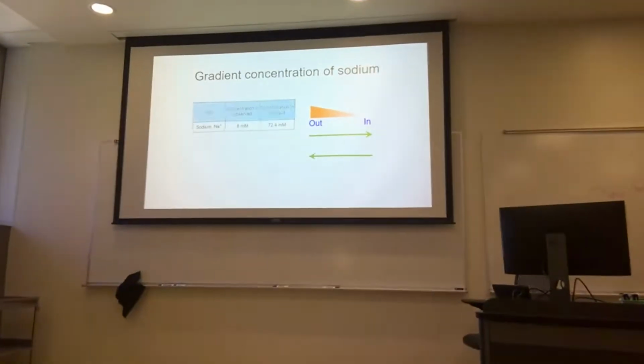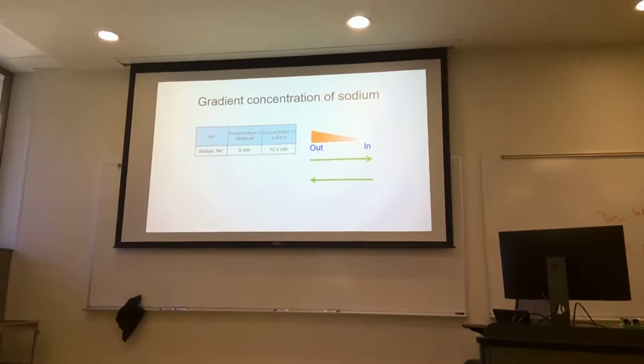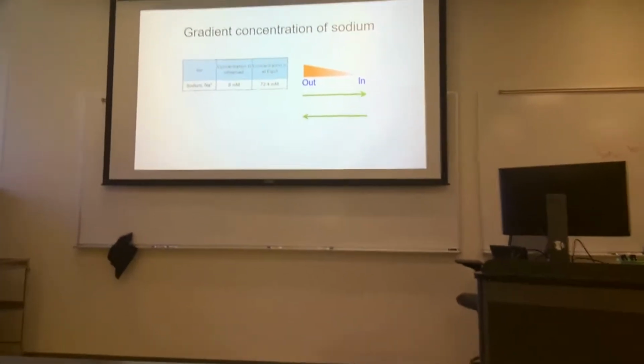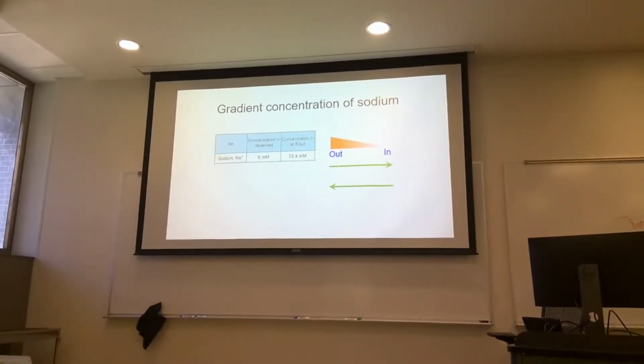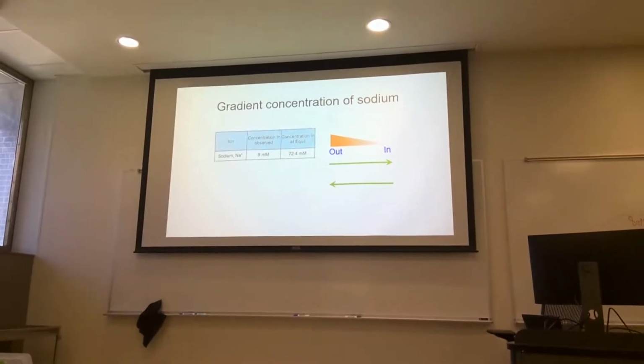So basically, what does that tell you about sodium? How is sodium entering the cell? Passive or active transport? Into the cell, passive transport, right? If this is your gradient, then sodium is entering the cell by passive transport. How is it leaving the cell?